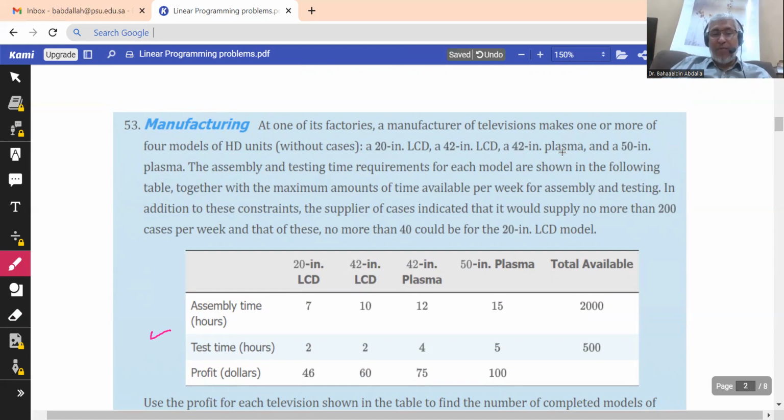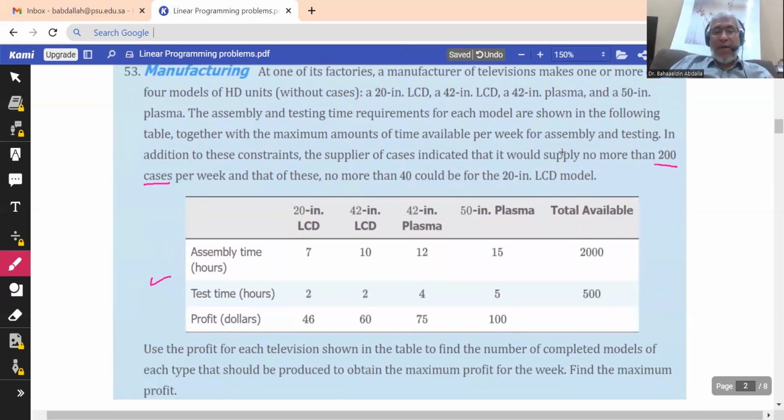In addition to these constraints, the supplier of cases indicated that it would supply no more than 200 cases per week. So the number of cases would be 200. They need a case for each one of them. And of these, no more than 40 could be for the 20-inch LCD model.